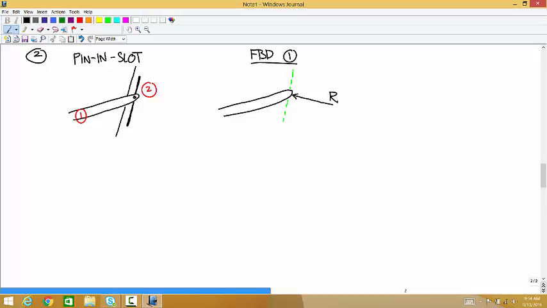And one important difference between the pin and slot and contact without friction is that, okay, notice R can be positive or negative.